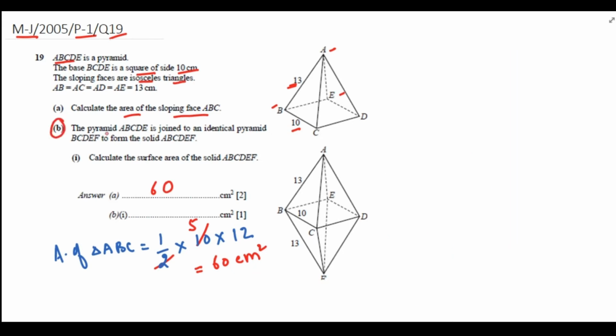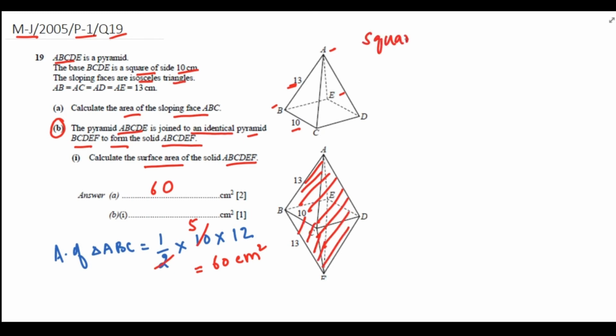Now part B, the pyramid ABCDE is joined to an identical pyramid BCDEF to form ABCDEF. Calculate the surface area of solid ABCDEF. The solid ABCDEF is shown by shading it.